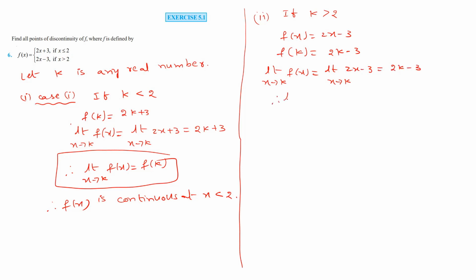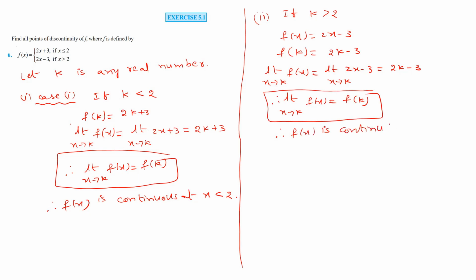Therefore, the limit as x tends to k of f of x is equal to f of k. So here also f of x is continuous for x greater than 2.